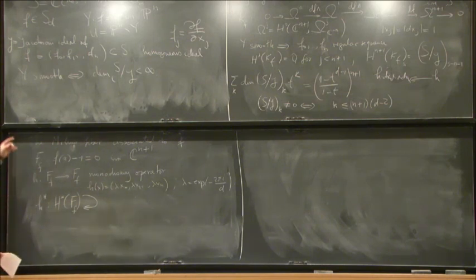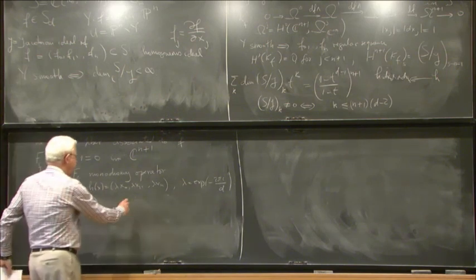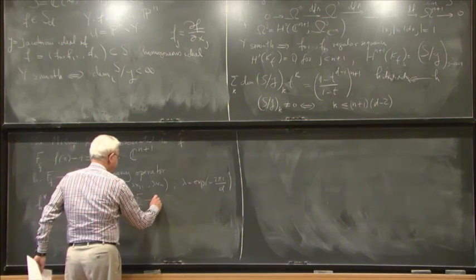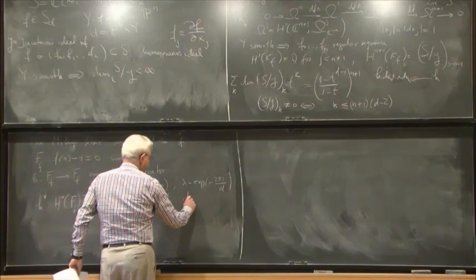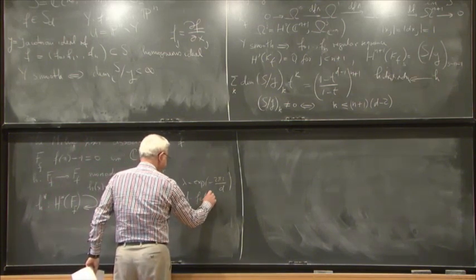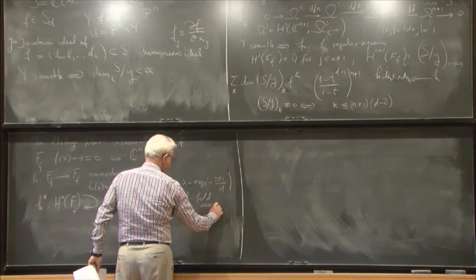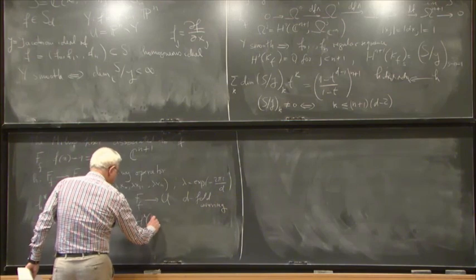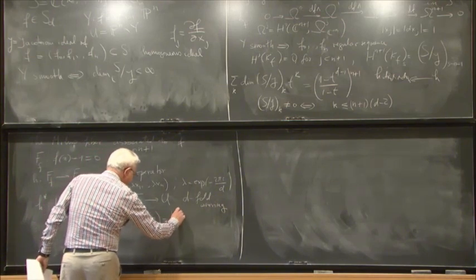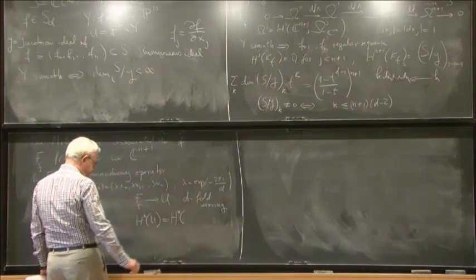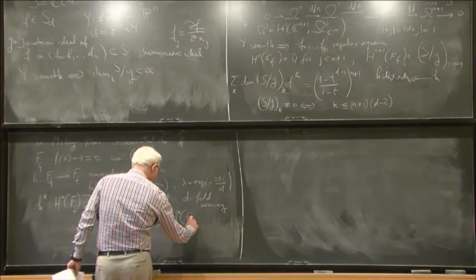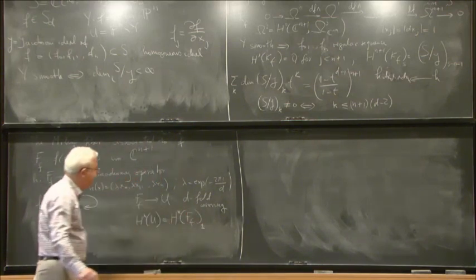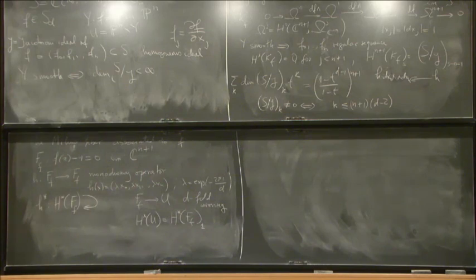And the relation between the Milnor fiber and the complement is very simple. So this is just a d-fold covering. And in terms of cohomology, the cohomology of U is just the fixed part of the cohomology of the Milnor fiber under the monodromy action.